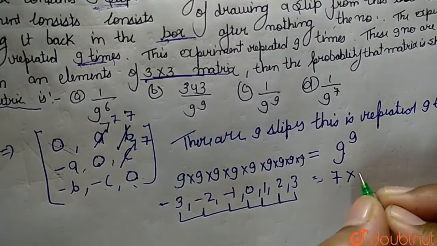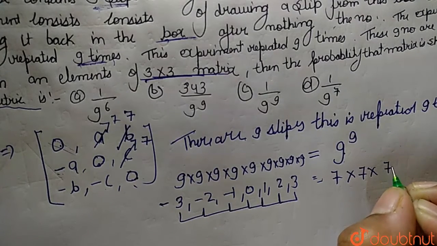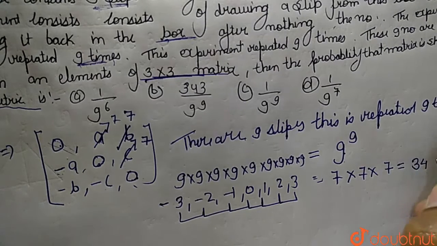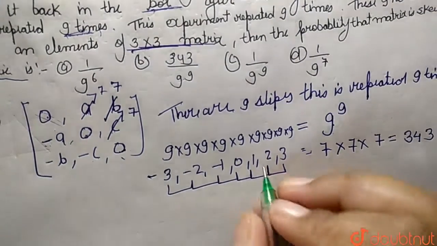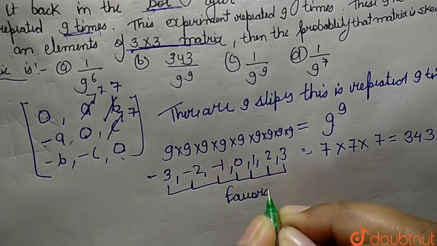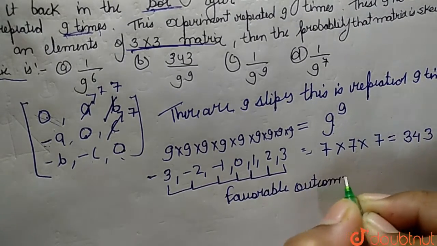So we will have 7 multiplied by 7 multiplied by 7, which equals 343. So the favorable outcome is 343.